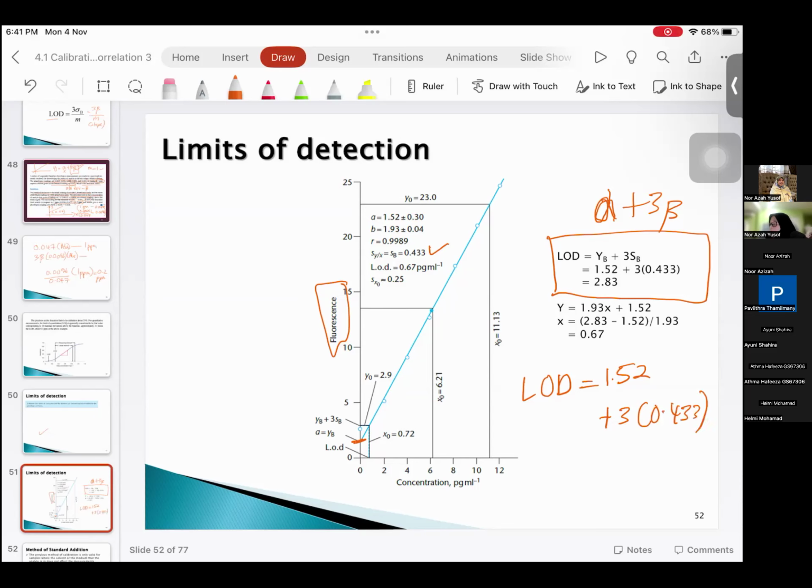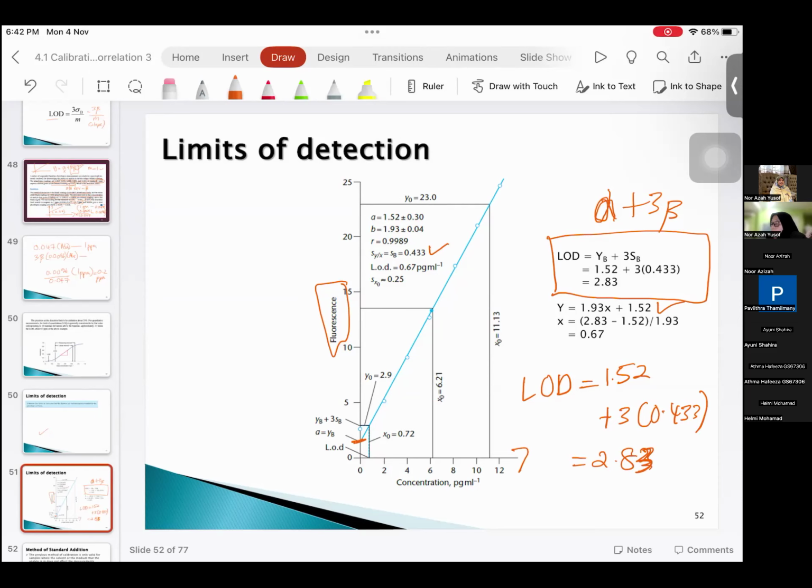So from here, we got the value of fluorescence intensity. Now we need to calculate X, which is the concentration.